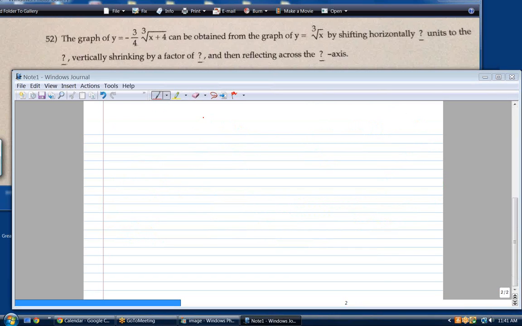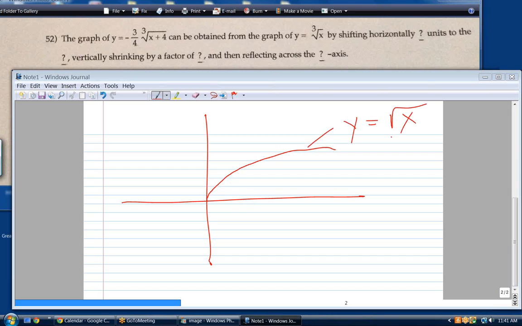Let's take the square root function. This is y equals square root of x. Well, let's take y equals negative square root of x plus 3. I know that that negative sign is a reflection across the x-axis. This plus 3 is a vertical shift.